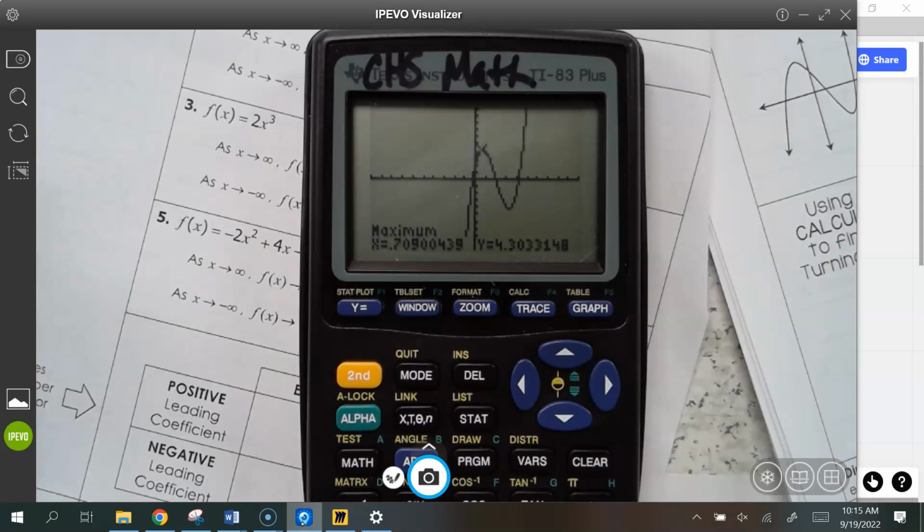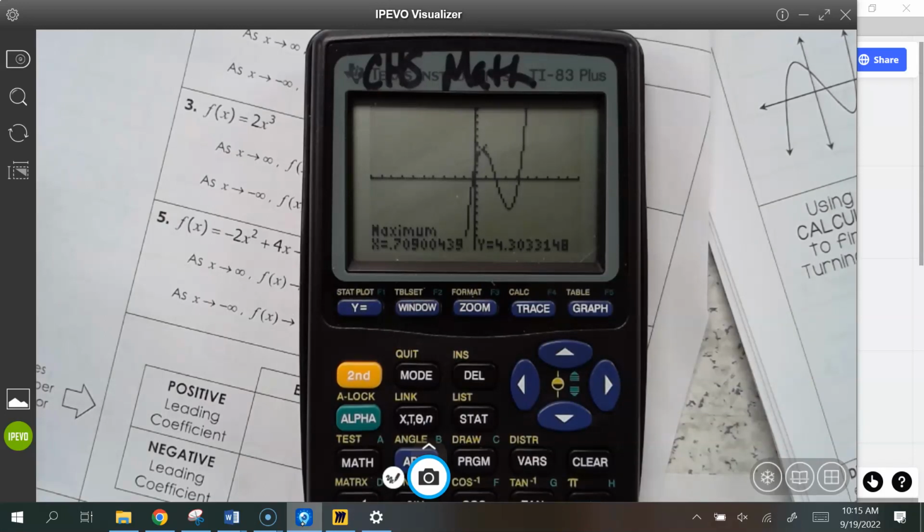Lower is left, upper is right. So enter. Then go to the right. Enter. This is the X, that's the Y. All right. Everyone should have this value on your calculator. Yes?